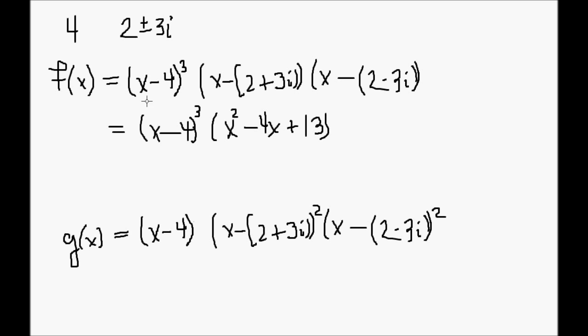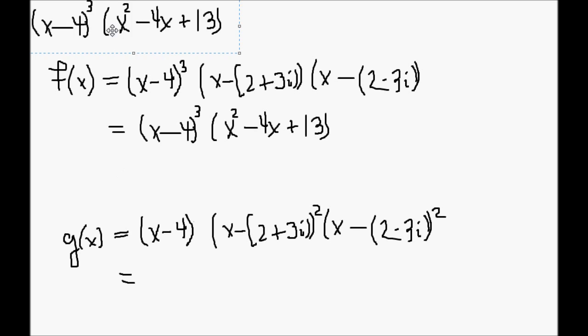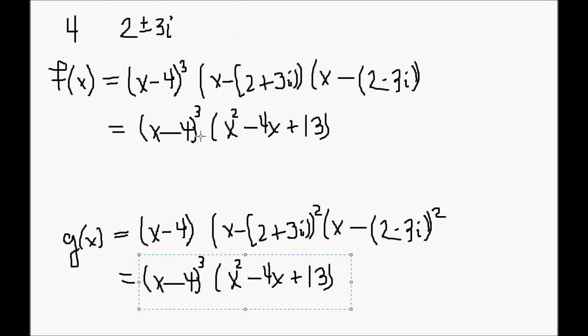And then the second polynomial, if factored over the real numbers, would be pretty much the same thing, except we have x squared minus 4x plus 13 squared, and the x minus 4 term is now raised to the first power.